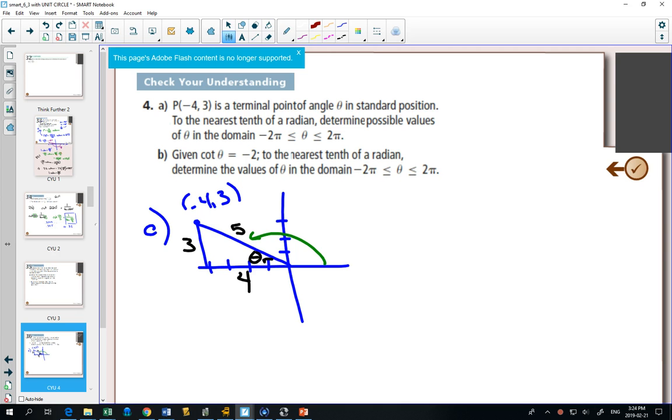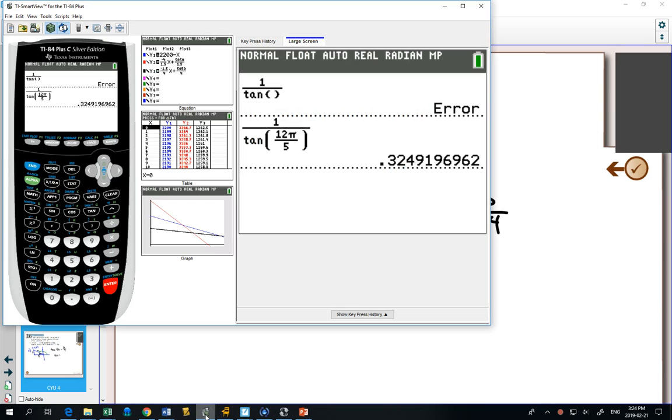If I wanted to find out what my reference angle is, I could use sine, cos, or tan. For example, tan of my reference angle is opposite over adjacent. How would you find your reference angle if you were in degrees? You would go to your calculator and do tan inverse of, is it 4 over 3 or 3 over 4? 3 over 4.